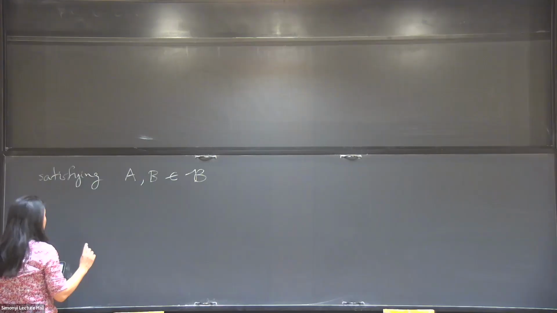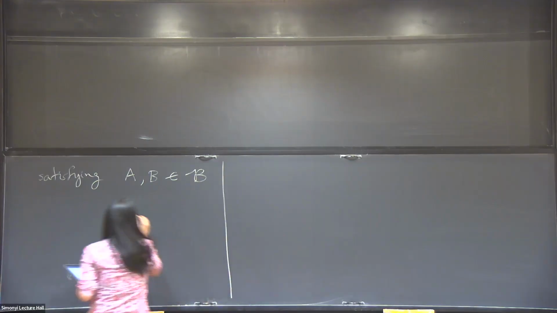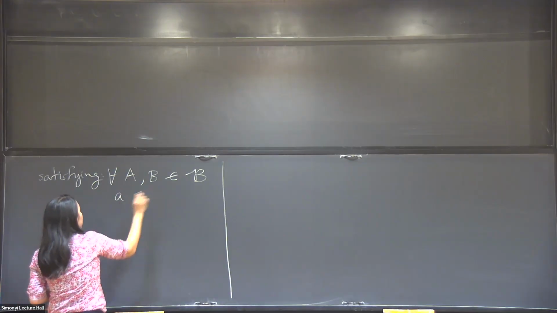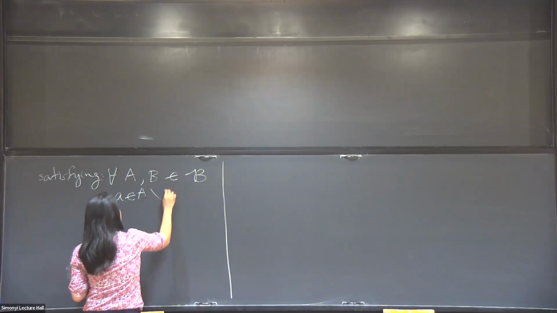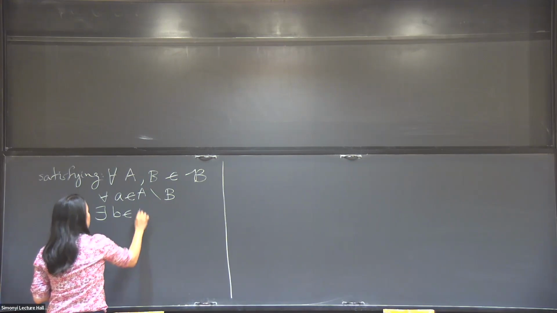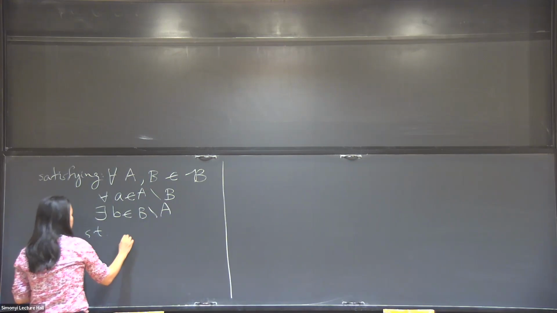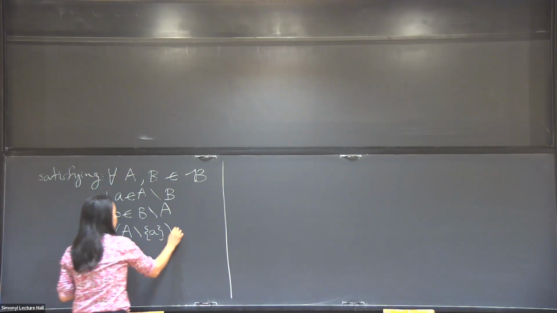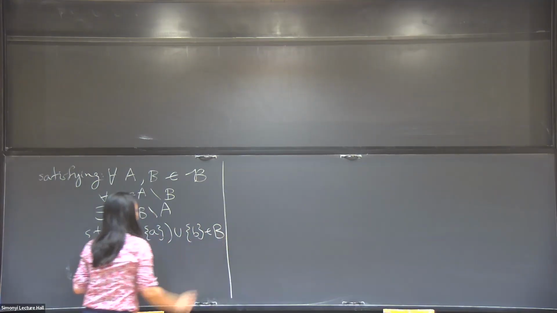For all pairs A and B in the collection, if you take an element in A not in B, there exists an element in B not in A such that you can replace the element of A with it.